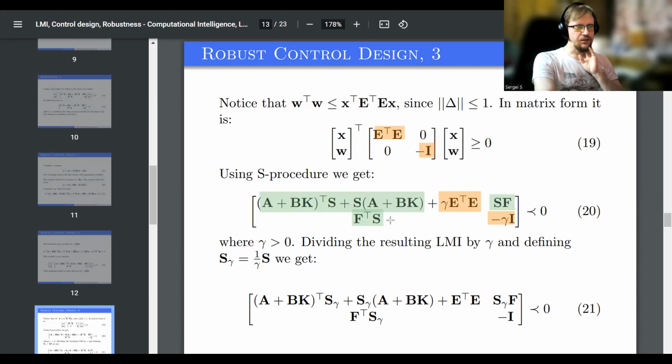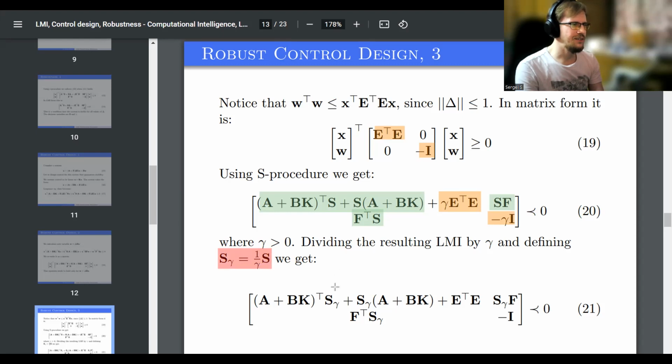Now this is nice, but we'll have trouble with this gamma. Gamma is trouble, so the better policy is to get rid of gamma. And there is a way to do it. Since it is a positive number, we can divide everything by gamma, and we introduce a new variable C gamma equals C divided by gamma.